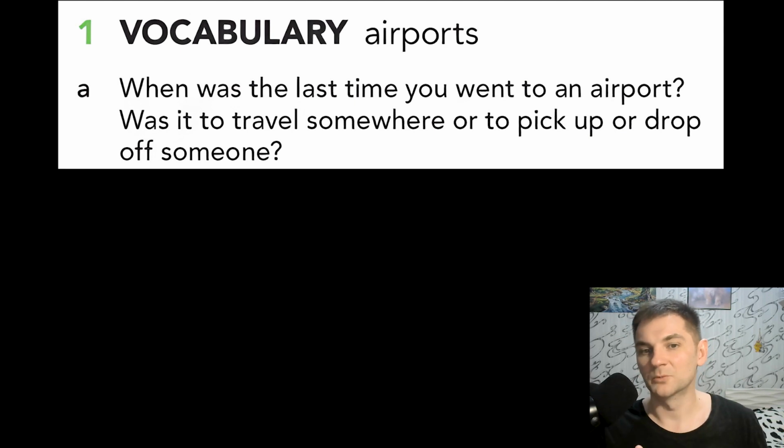Drop off someone has the opposite meaning. You take your friend to an airport and drop them off there. So you leave your friend there, say goodbye, and you get back to your home or somewhere else. Drop off someone. Well, what about answering these questions?